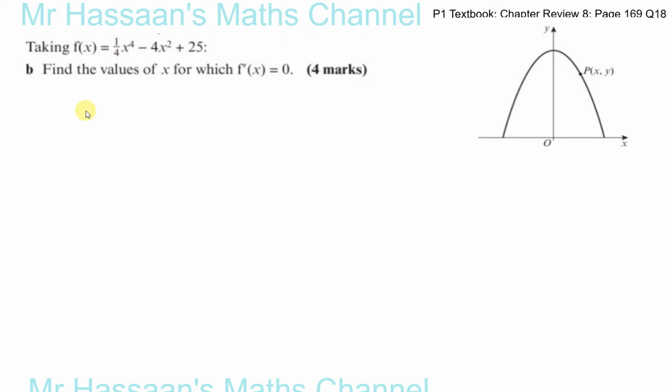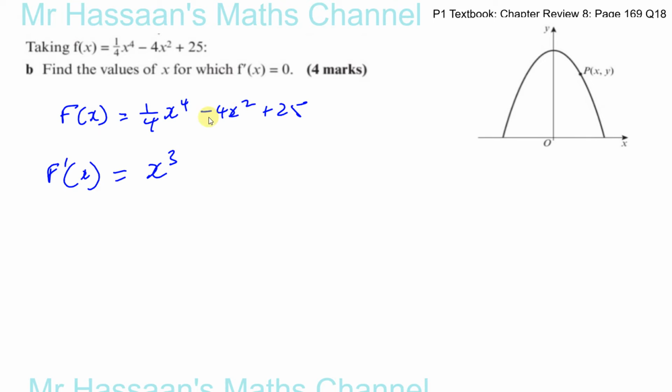So when we differentiate, f of x is a quarter x to the power 4 minus 4x squared plus 25. F dash of x, which is the differential of that, is 4 times a quarter, which is 1, times x to the power 3, and 2 times minus 4 is minus 8, x to the power 1, and the constant term disappears. It says find the values of x for which f dash of x equals 0.